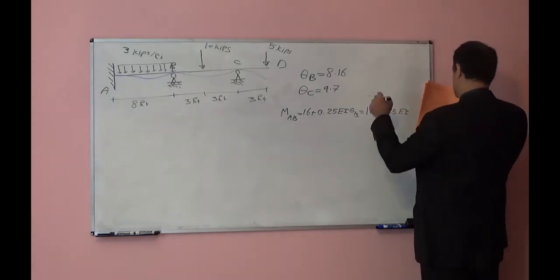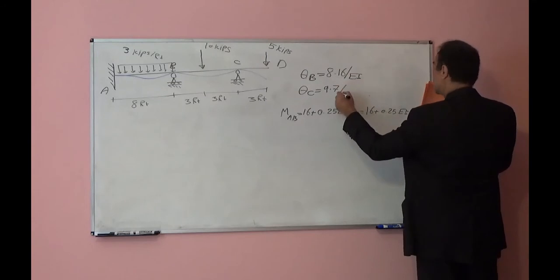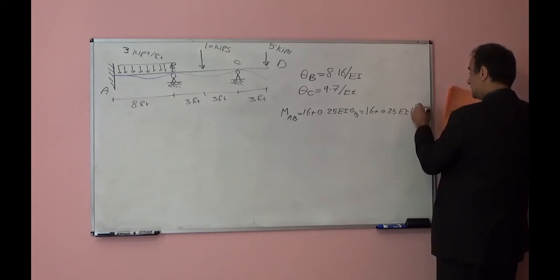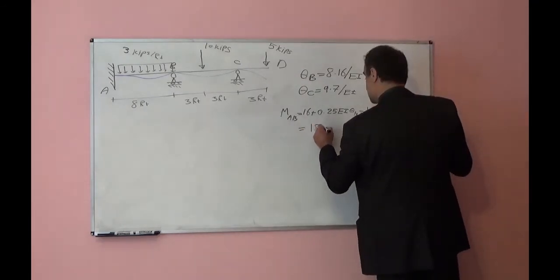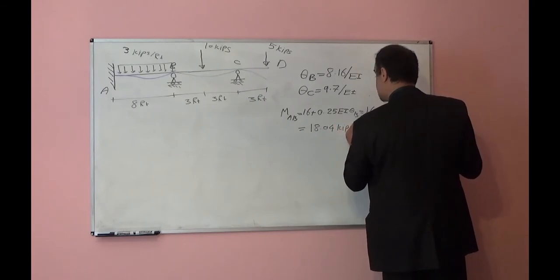Of course, this theta you will find there. This will be 8.16 over EI, this will be 9.7 over EI. So 16 plus 0.25 times 8.16. That will be equal to 18.04 kips feet.